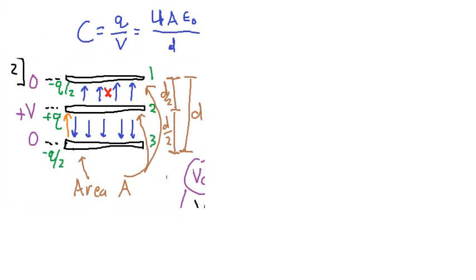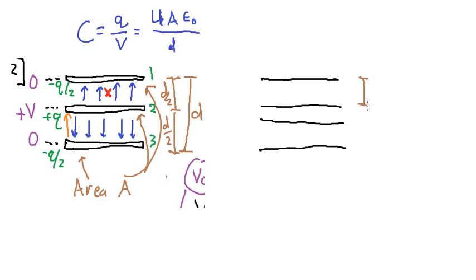So let's say we brought the V under here, and then we would get 4A epsilon naught over D is the capacitance of our triple plate capacitor, which is, you will notice, this here was the capacitance of a parallel plate capacitor, your standard 2-plate model. This is the capacitance of the wacky 3-plate version, and it's 4 times as much.